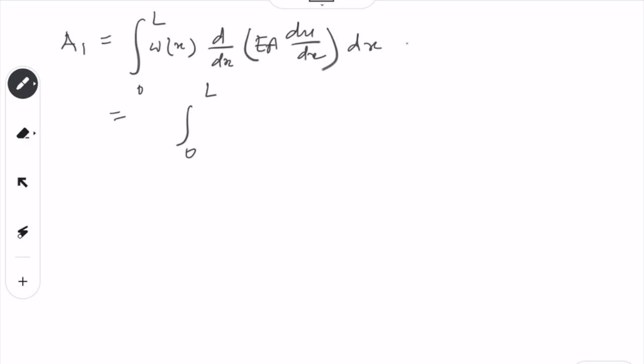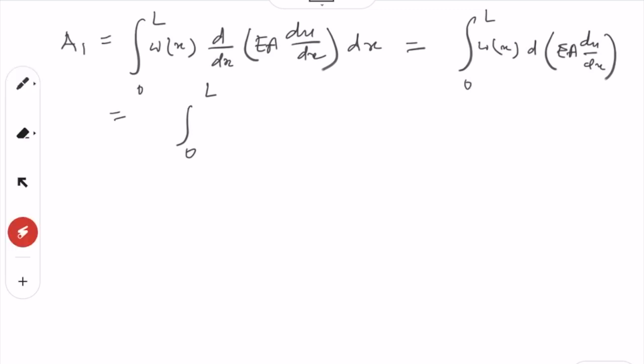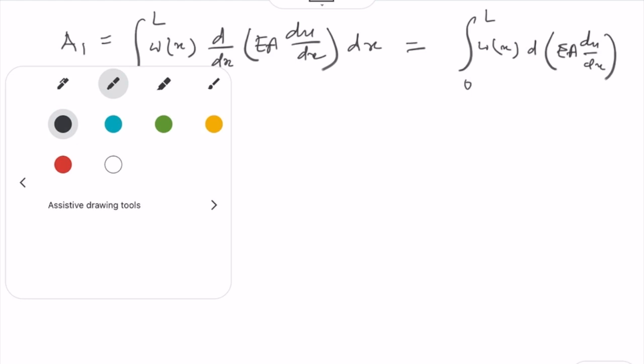It is equal to integral 0 to L of w x d of E A du over dx, where this is p and this is q as we did earlier.